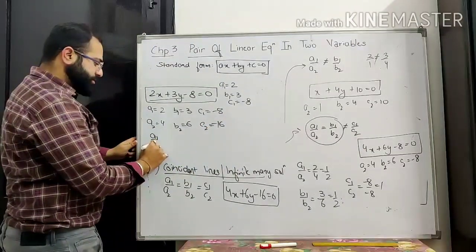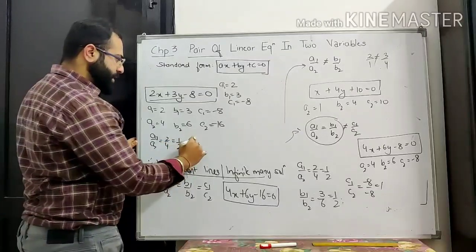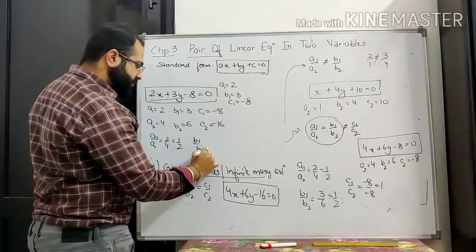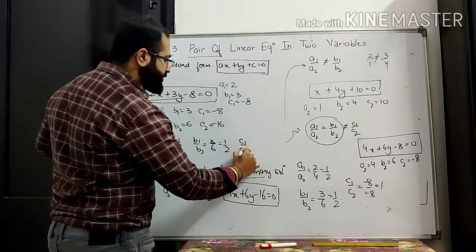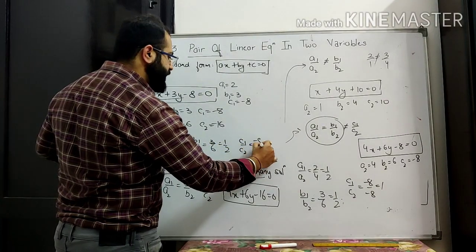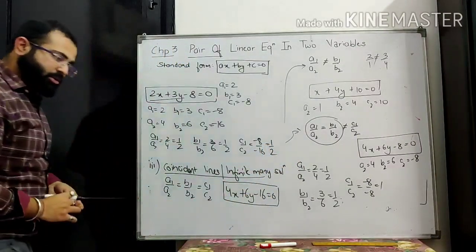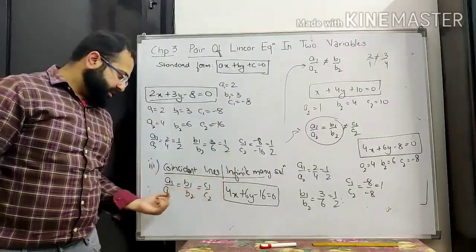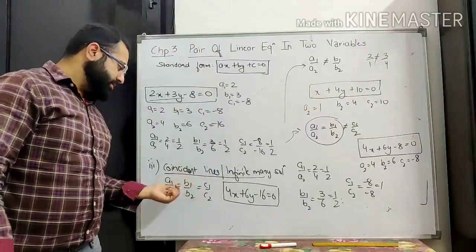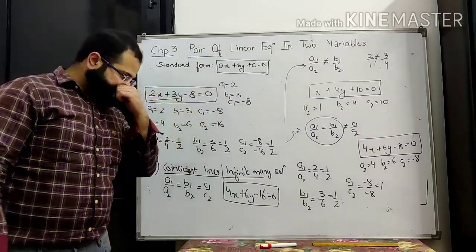Now finding the ratios, a1 by a2, 2 by 4, is 1 by 2. b1 by b2, 3 by 6, is again 1 by 2. And the third ratio c1 by c2, minus 8 by minus 16, is again 1 by 2. So it is clear that the three ratios are equal. So if the three ratios are equal, you will get an equation of a line which will be overlapping or coincident with the given line.